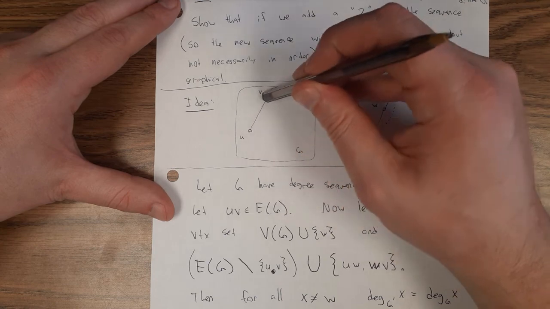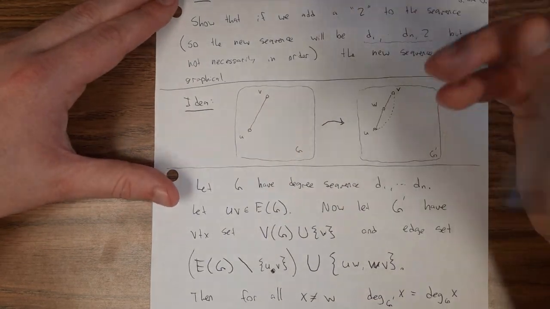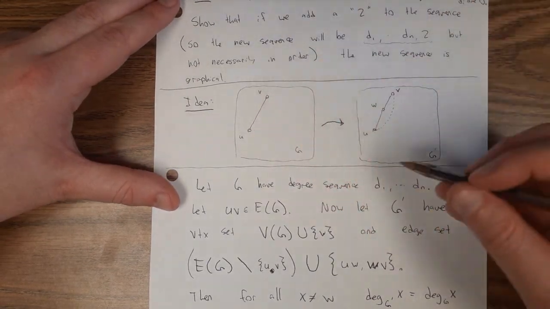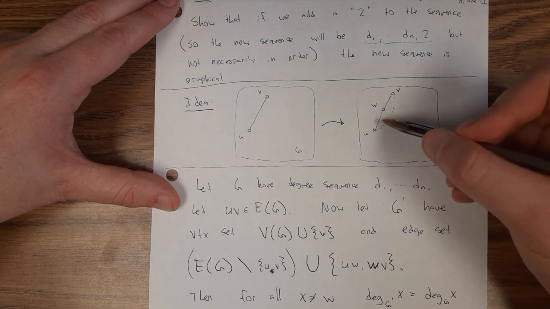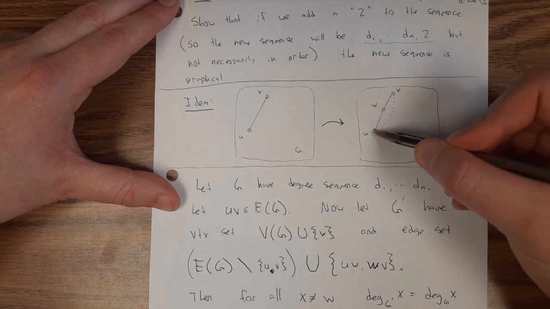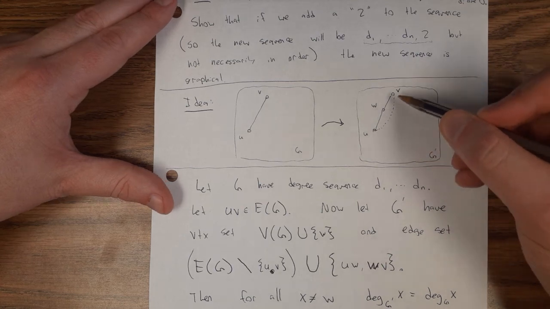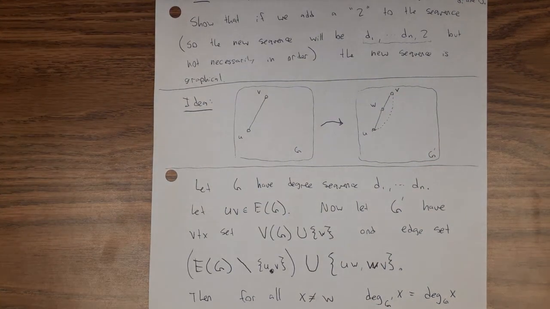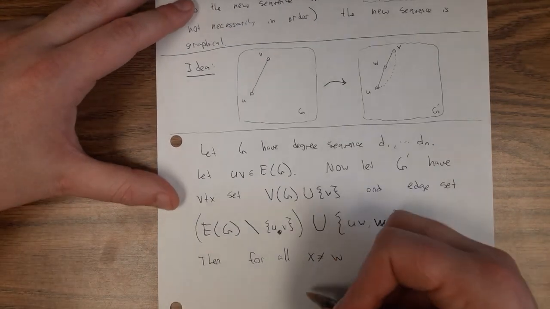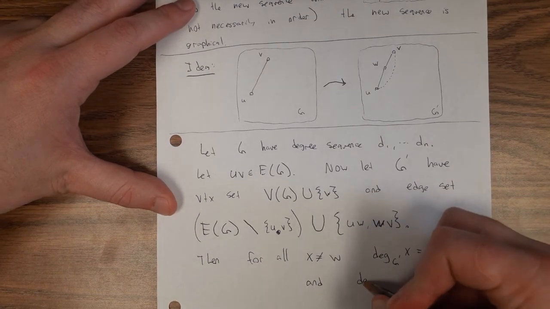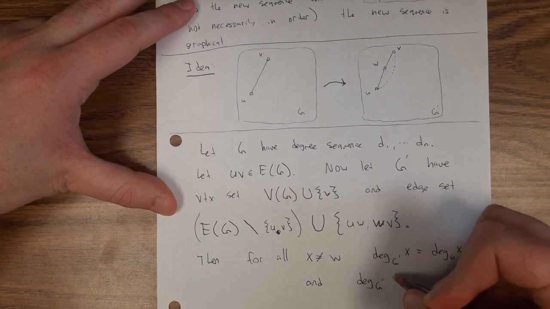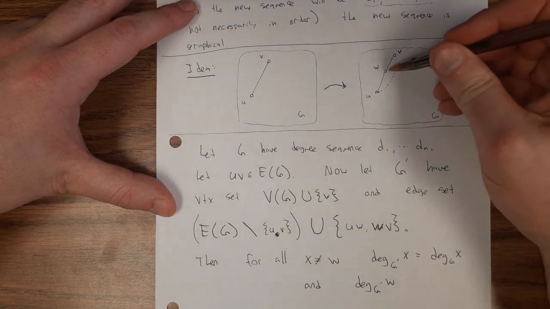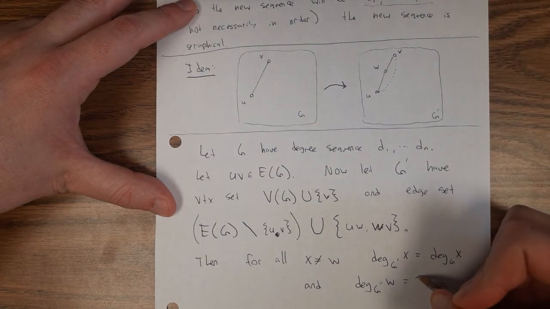If we're talking about U and V, then as we discussed, the degrees are still the same. Even though we changed some stuff, we removed this edge and we put in these edges, the degree of U got decreased by 1, but then increased by 1, and the degree of V is the same. So those degrees are the same as what they were as well. Meanwhile, the degree of W is, of course, just 2.